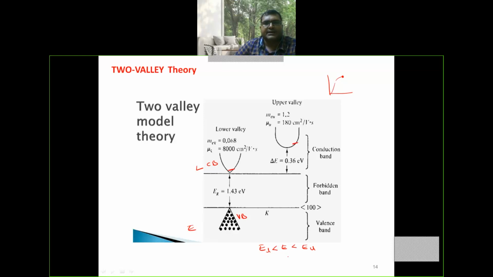Now this is the applied voltage, then the transfer of electrons takes place from lower valley to upper valley. Here you can observe the decrease in electron mobility, and in this region the current starts decreasing.